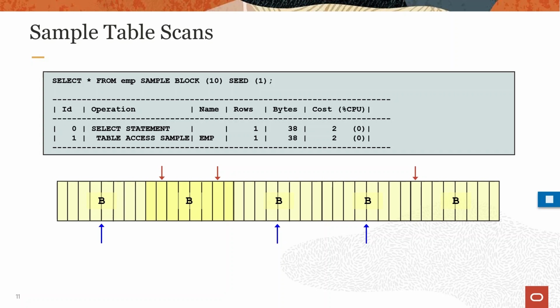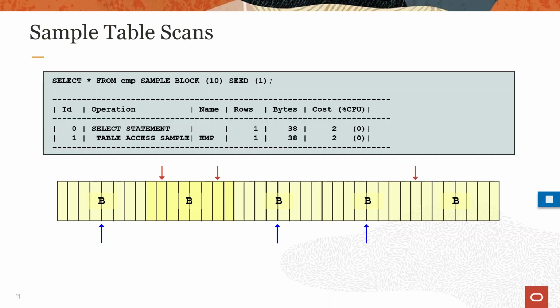If you would specify the sample block option as shown in the slide, the system will read a specified percentage of the table's blocks and examines each row in the sample blocks to determine whether it satisfies the statement's where clause. Optionally, you can add the seed clause to your sample or sample block option.